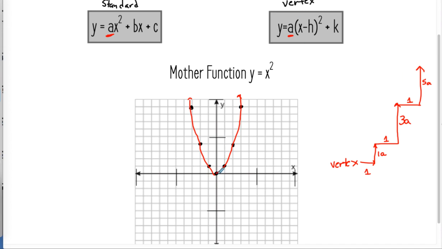I started at my vertex, I went over 1, and since the stretch here is the value of a, and a there is 1, I went up 1, over 1, up 1, 2, 3, over 1, up 1, 2, 3, 4, 5. And that's really the easiest way to graph a parabola. No math needed, just climb the staircase.